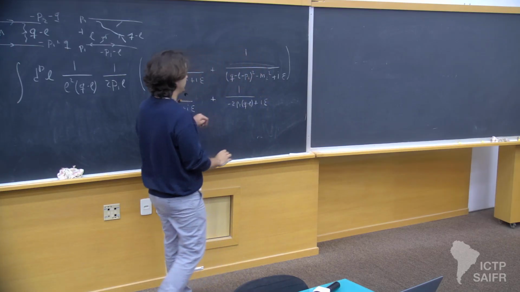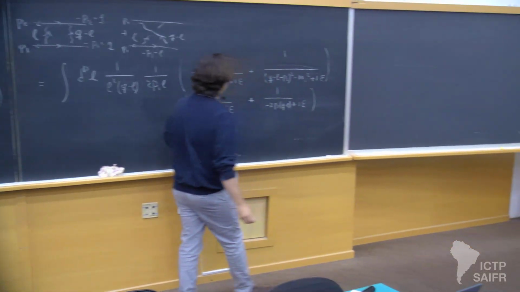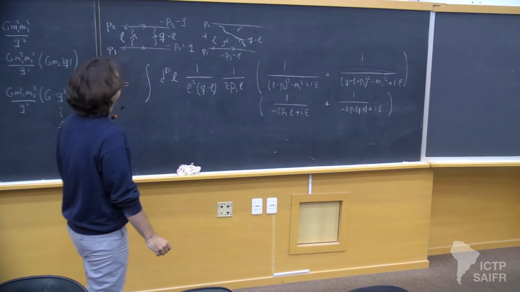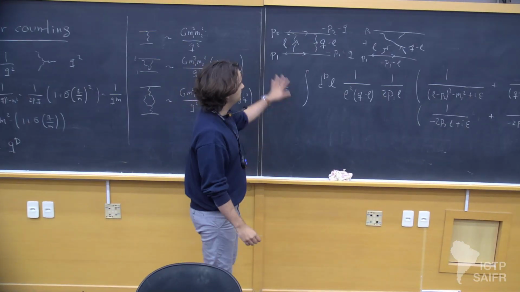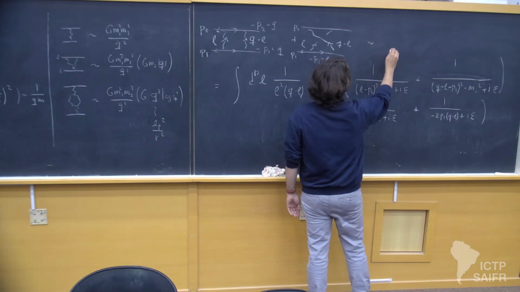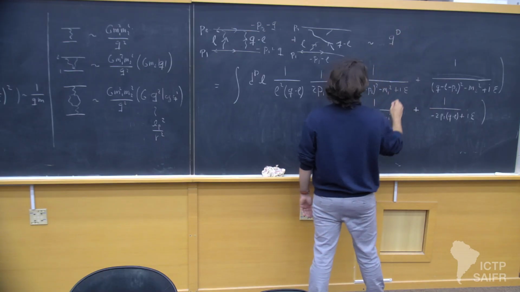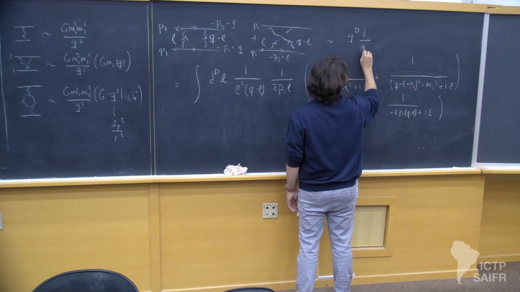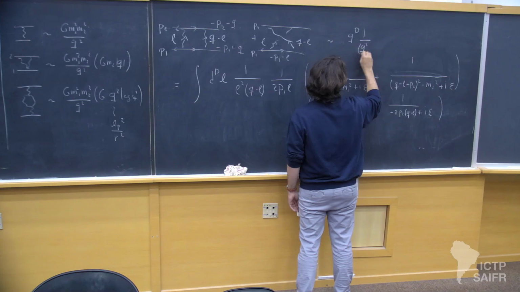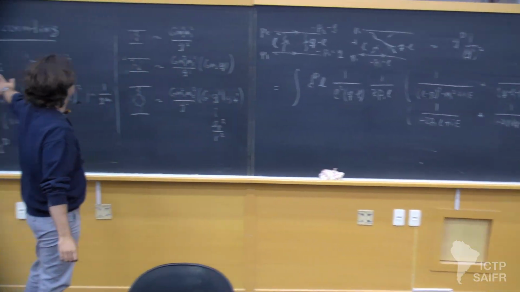So before I do any calculation, before I proceed further, let's power count, because now I expanded all the propagators, right? So what's the expectation here of each of these diagrams? Each of these diagrams is going to have a Q to the D from the measure. I have 2 graviton propagators, so this will give me 2 powers of 1 over Q squared. Now I'm just using these rules here.